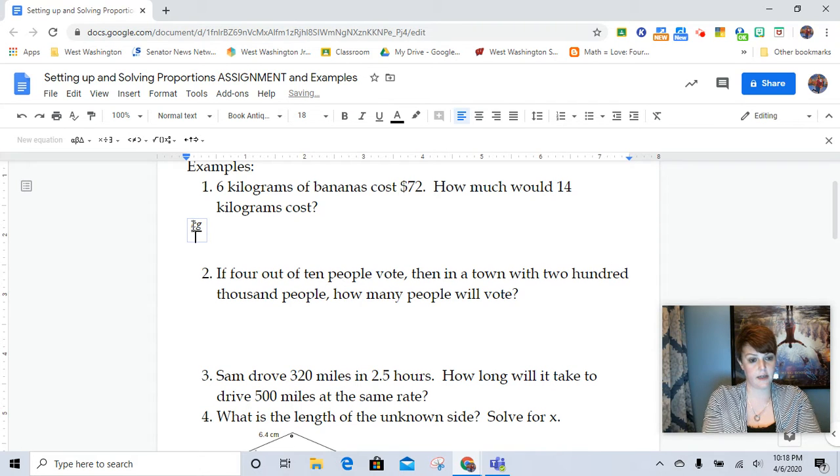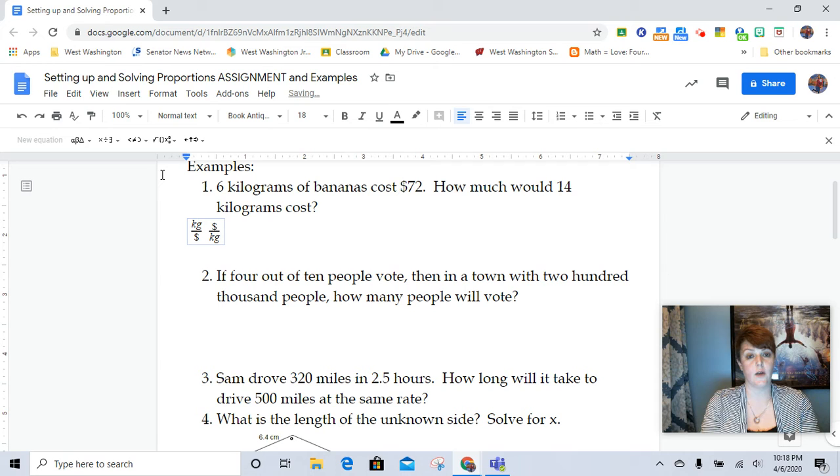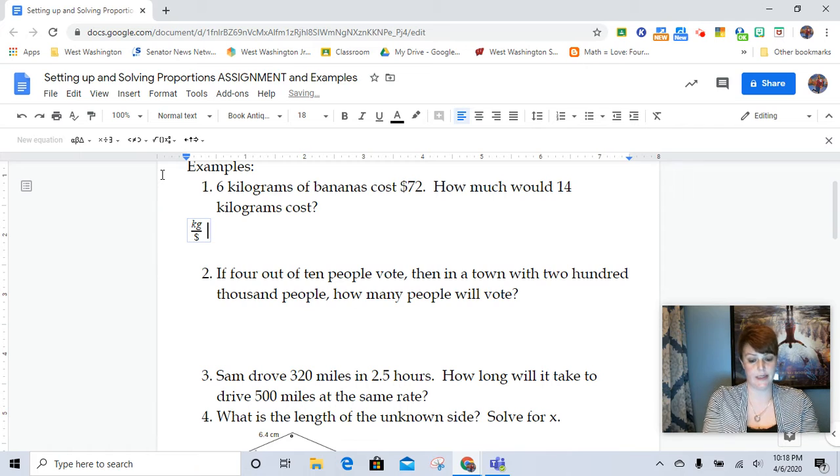There we go. Kilograms per dollar. You can absolutely set this up upside down. You could make it dollars per kilogram, whatever. That's fine. But pick one and stick to it.